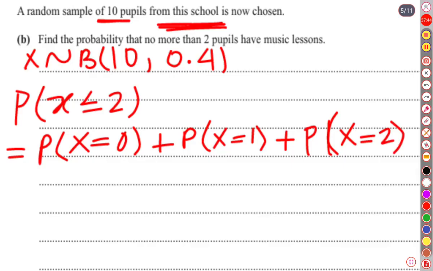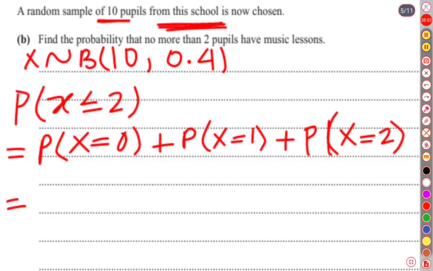So either no student has a music lesson, or only one student has a music lesson, or two students have a music lesson. These are the possible cases for this probability.